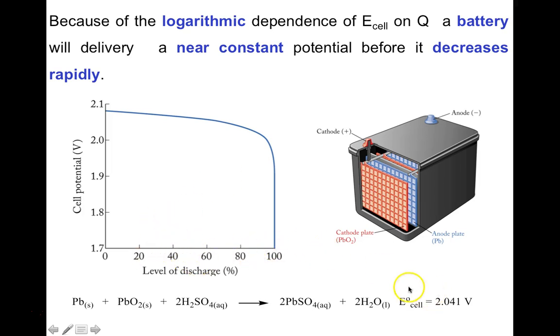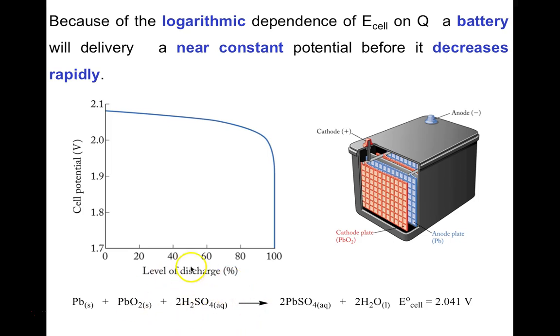So on that note, we're going to have a look at what is referred to as the lead acid battery, which is exactly the type of battery that you have in your car. In the lead acid battery, you have 2 solid materials. You have solid lead, which is in the form of lead plates, and then you have lead 4 oxide solid, which is normally a coating on these lead plates.